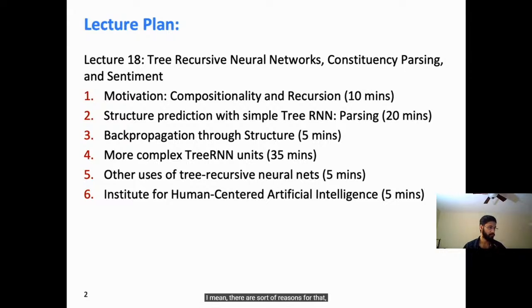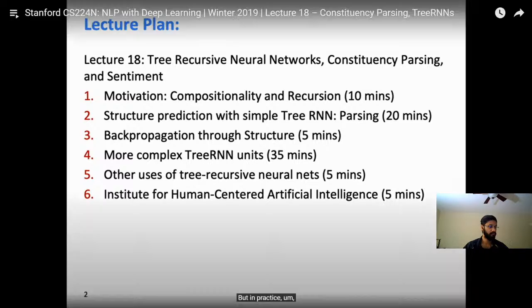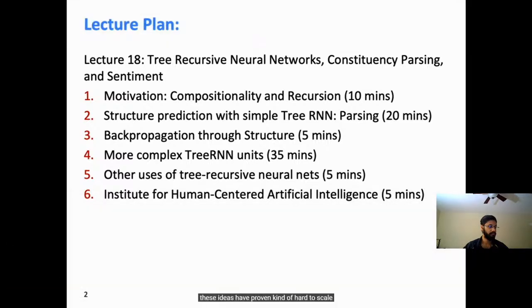There are reasons for that, but I think there are a bunch of interesting ideas here which relate closely to linguistic structure, so it's good stuff to have seen. But in practice, these ideas have proven kind of hard to scale and not necessarily to work better than the things that we've spent more time on, meaning things like LSTMs and transformers. That's why we shunted them towards the end of the curriculum.